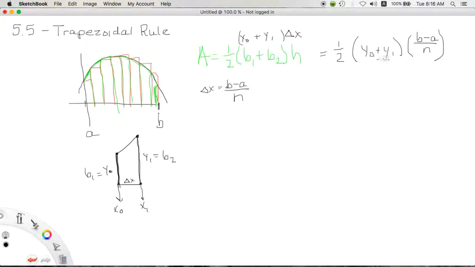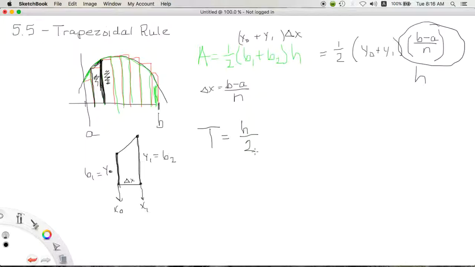So that's for one trapezoid. If we want to add them all up, you'll see that for this trapezoid, our B2 is y1, but for the next trapezoid, our B1 is going to be y1. And then when we go to the next trapezoid, we'll use this as our B2 for this one, and we'll use this as our B1 for this trapezoid. So they'll overlap. So what you end up with is a formula that looks like this. We're just going to call that H. This is your H here, remember?